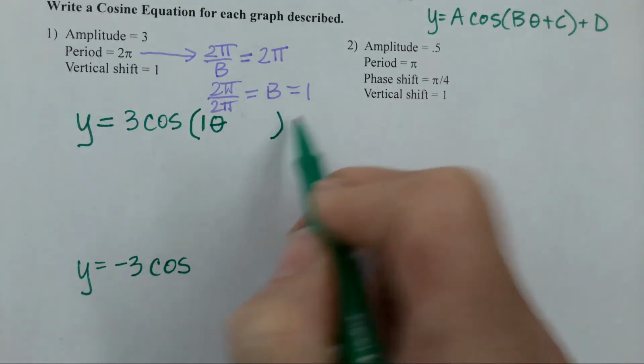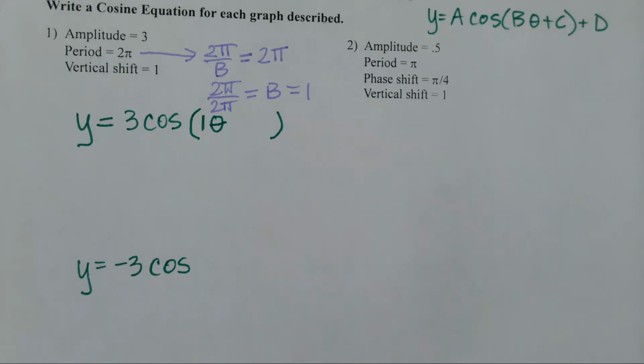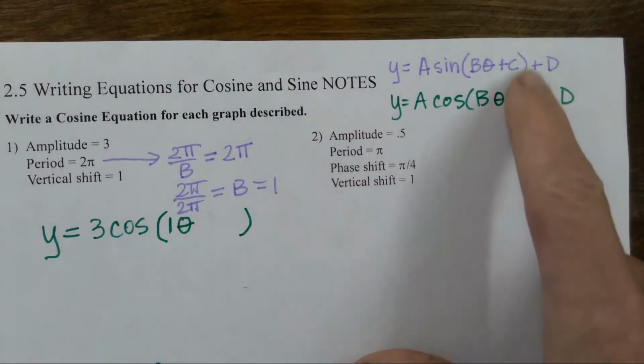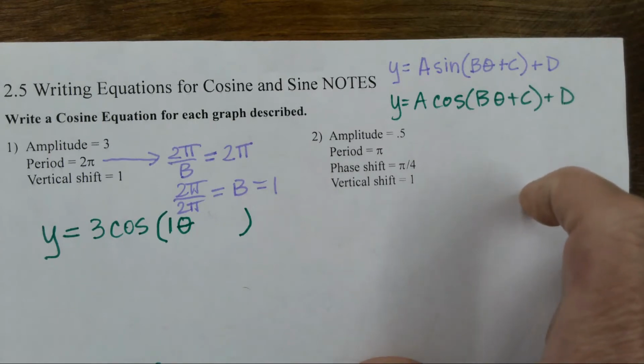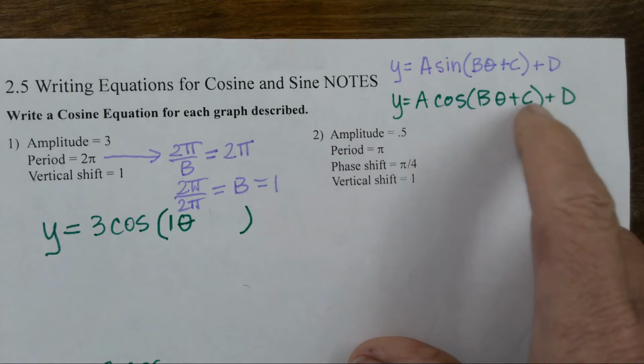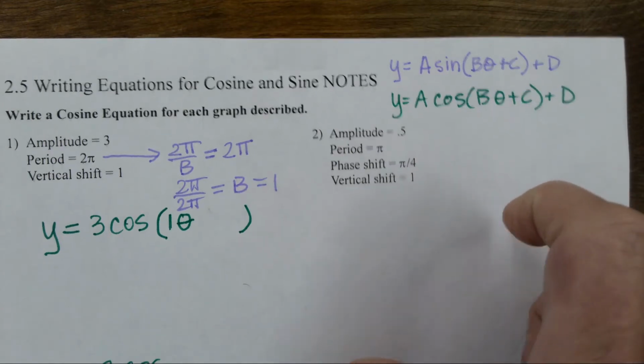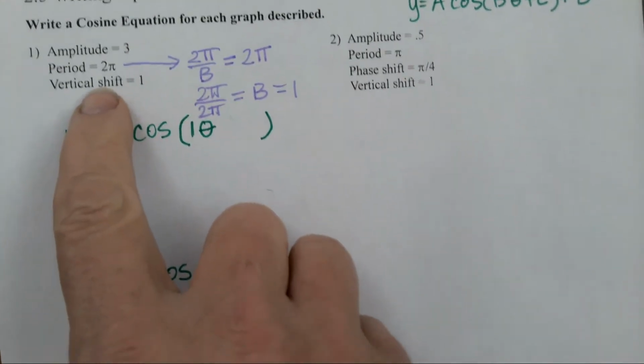And I have a vertical shift on the end. So what goes inside? What's this c part all about? Where does that whole thing come into play? It gives us the phase shift. Do I even have a phase shift in this graph?